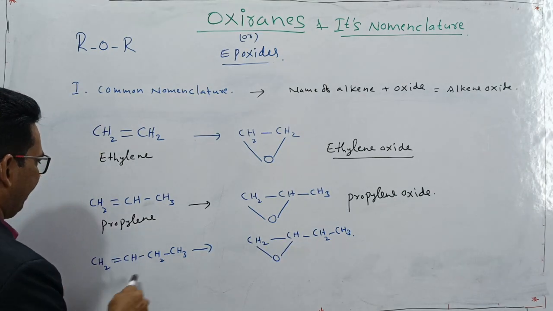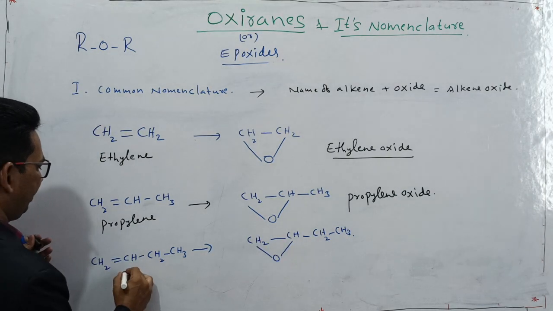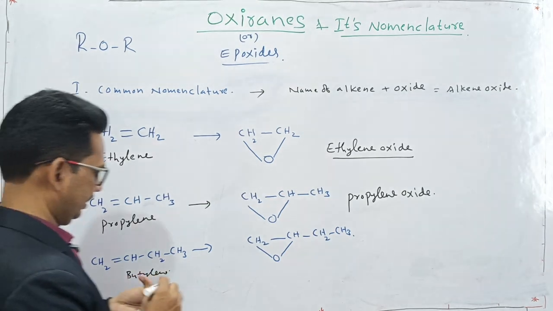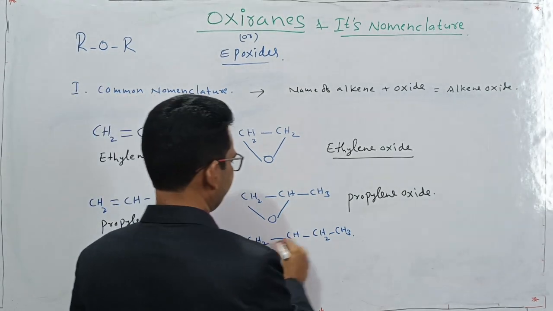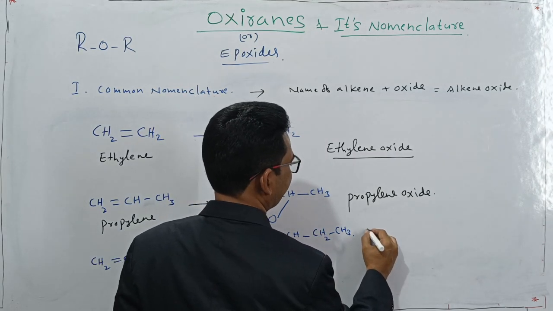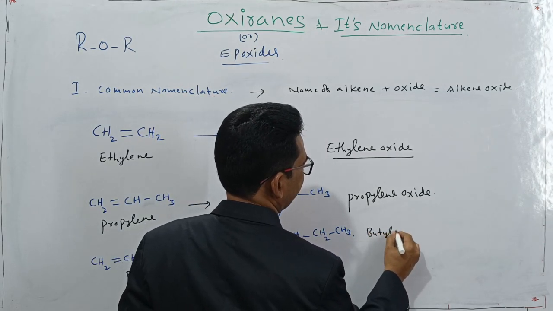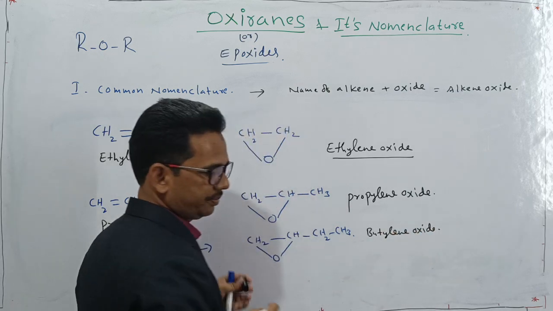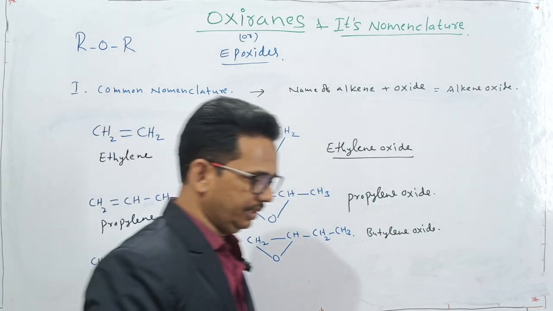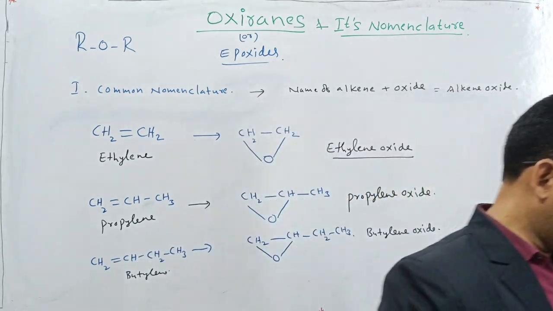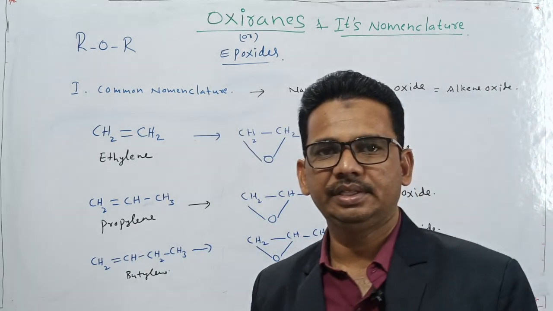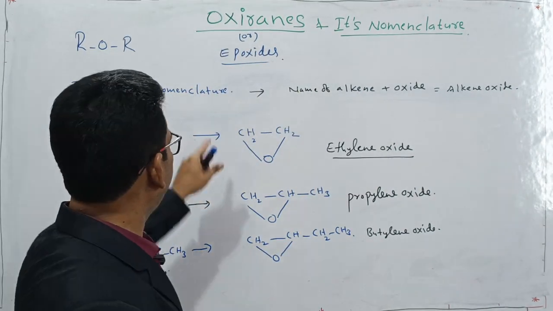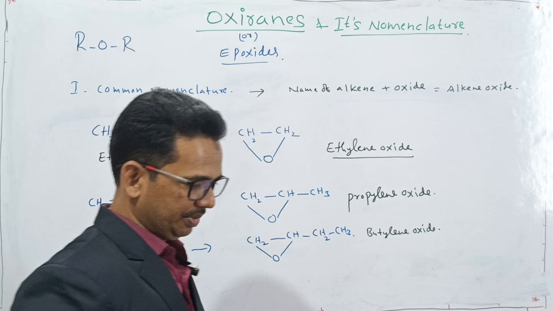What is this one? Butylene. The common name for this alkene is butylene. Then what do we write for this one? Butylene oxide. Here don't be confused. Giving the nomenclature based on this is very easy. I hope you understand the common nomenclature.